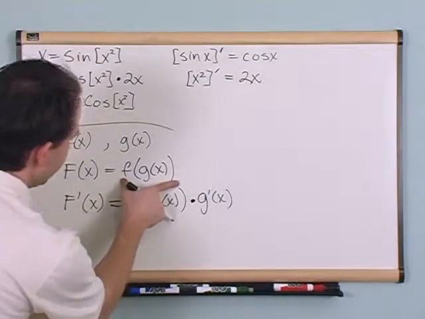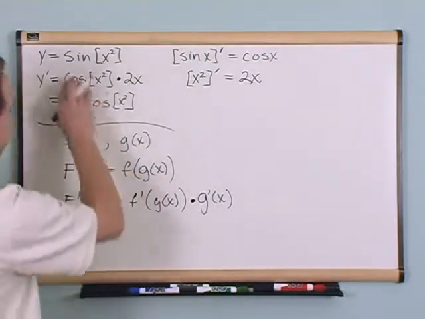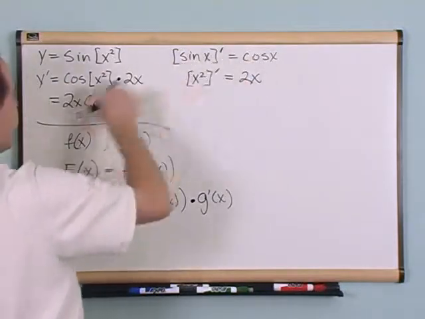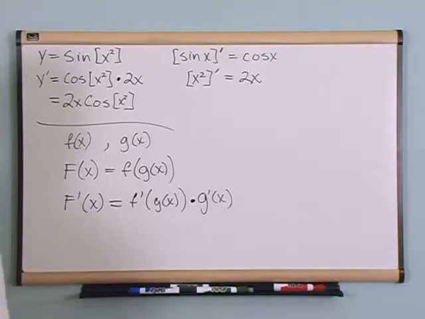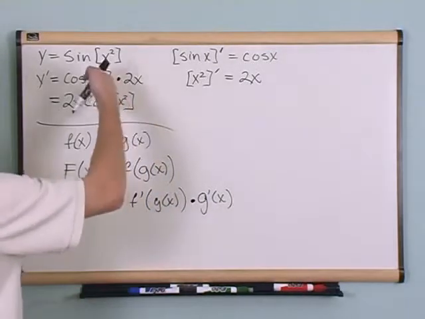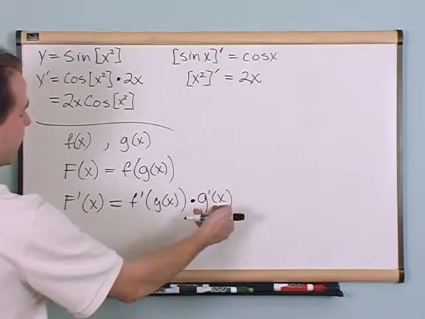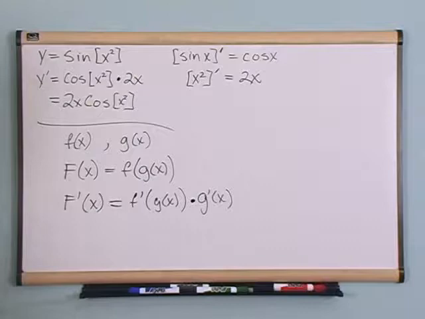You've got the big picture, which is the function f, and you take the derivative of that, leaving the inside unchanged, so you carry your x squared down. You know the derivative of sine is cosine, you leave your x squared alone because that's the big picture. But in order to complete it, you've got to take the derivative of the inside, which is your g of x, so you multiply by the derivative of g of x. In this case that is simply 2x.